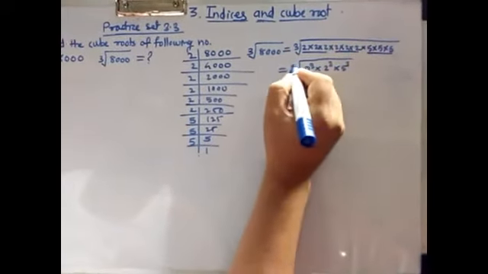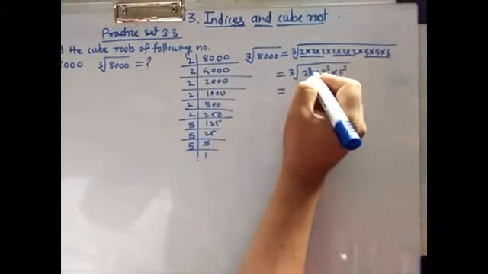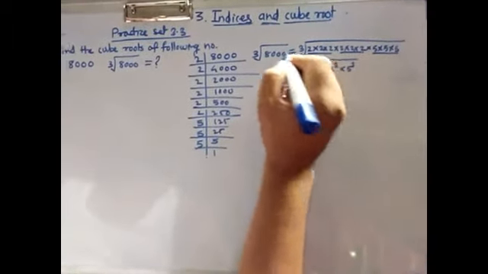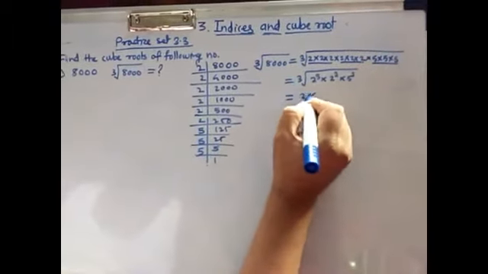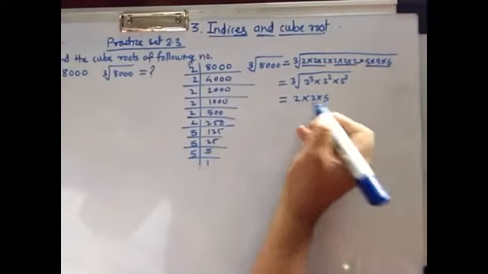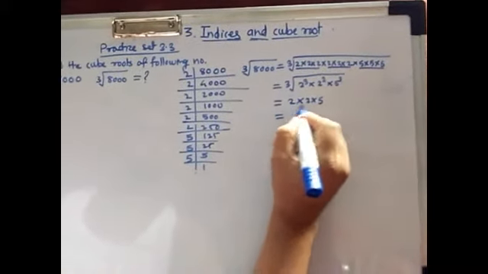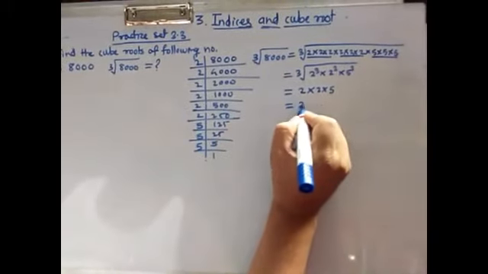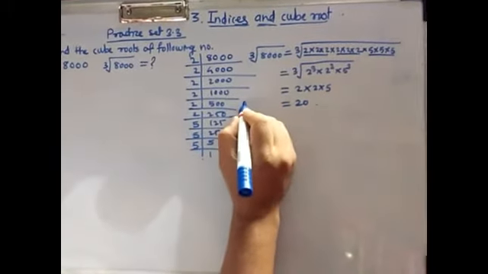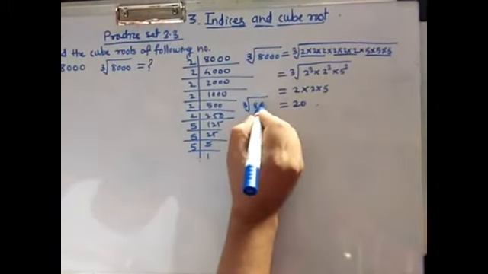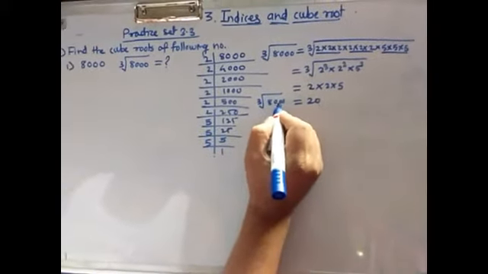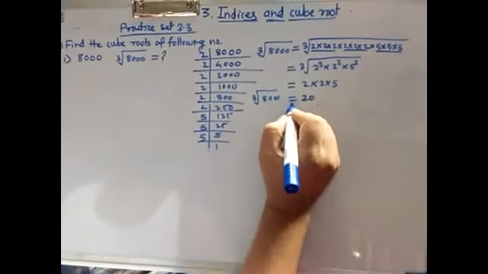In this way the cube and cube root get cancelled, giving 2 into 2 into 5. 2 twos are 4 and 4 fives are 20, so our answer is that the cube root of 8000 is 20.